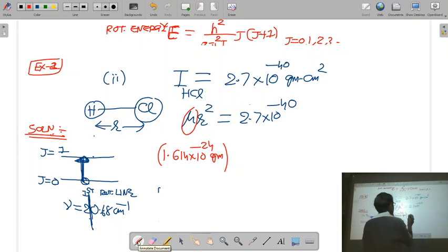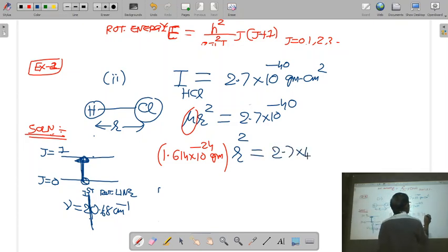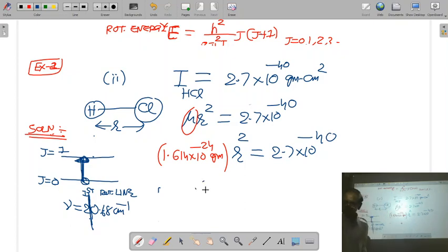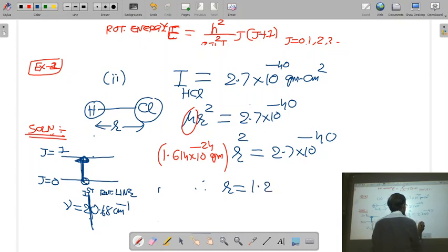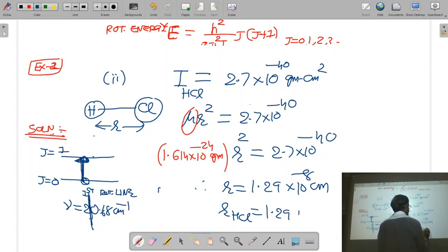R, which is the internuclear distance between the H atom and Cl atom, we want to calculate from r square equal to 2.7 into 10 raised to minus 40 divided by mu. If you calculate, your internuclear distance R comes out to be 1.29 into 10 raised to minus 8 centimeters. So the internuclear distance for the HCl molecule is 1.29 angstrom.